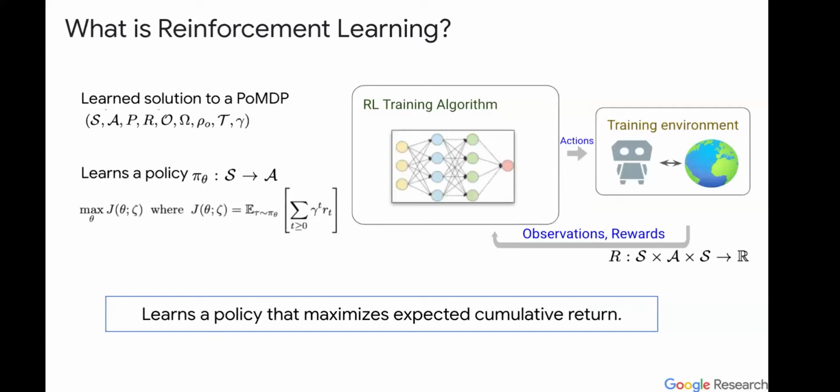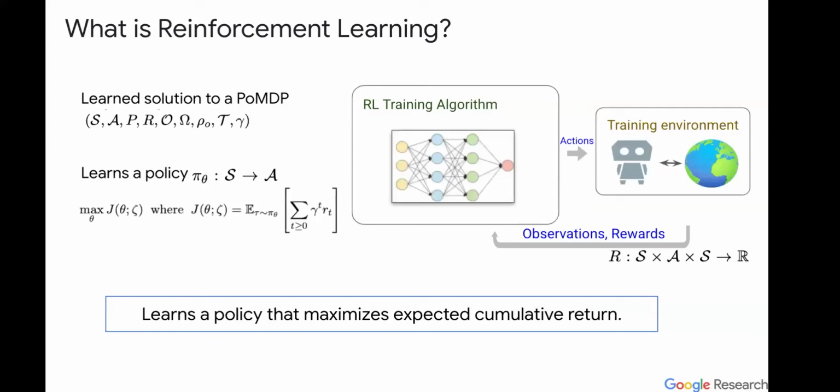Gamma here is called a discount factor. Discount factor is a constant that's smaller than 1 and tells how long-term or short-term the agent is. So am I going to prioritize short-term rewards, or is my payout going to be in 10 years and so on.